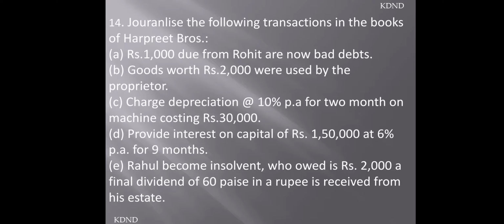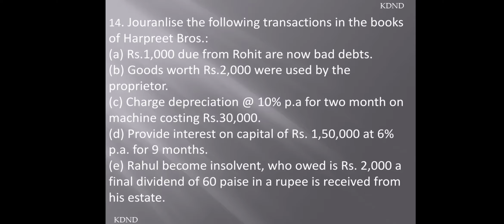Rahul became insolvent, who owed rupees 2000. A final dividend of 60 paisa in a rupee is received from his estate. Read the full transaction once again. Rahul became insolvent means he does not have enough money to pay his debts. 2000 is to be paid by him to us, but he could not pay because he was declared insolvent.